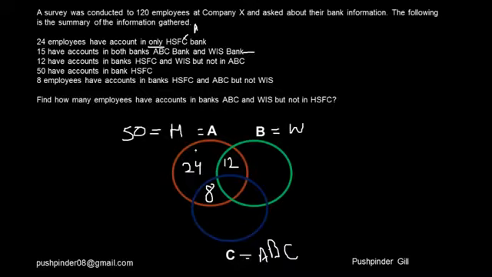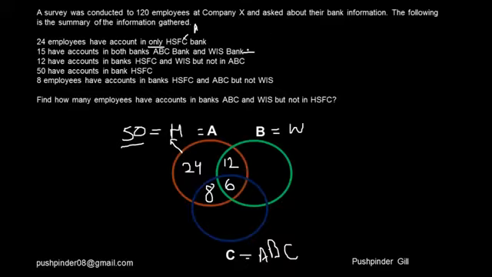Now if you see over here, this whole area is 50, this is 24, this is 12, and this is 8. If you sum all of this, 24 plus 8 is 32, and 32 plus 12 is equal to 44. But this whole area is equal to 50. So that means this area must be 6, so that this whole area comes to 50.